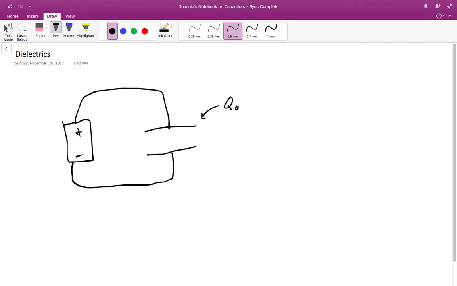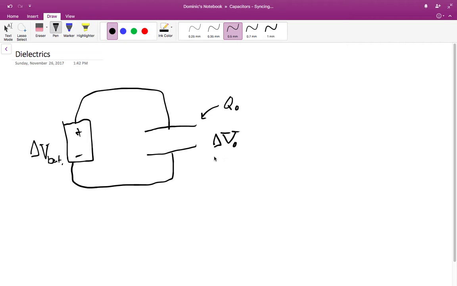And it's going to have the same potential difference as the battery. So this is the potential of the battery. And just to stick with this notation, I'm going to call it delta V naught, but just know if I'm connecting this to the battery, it's going to have the same potential.